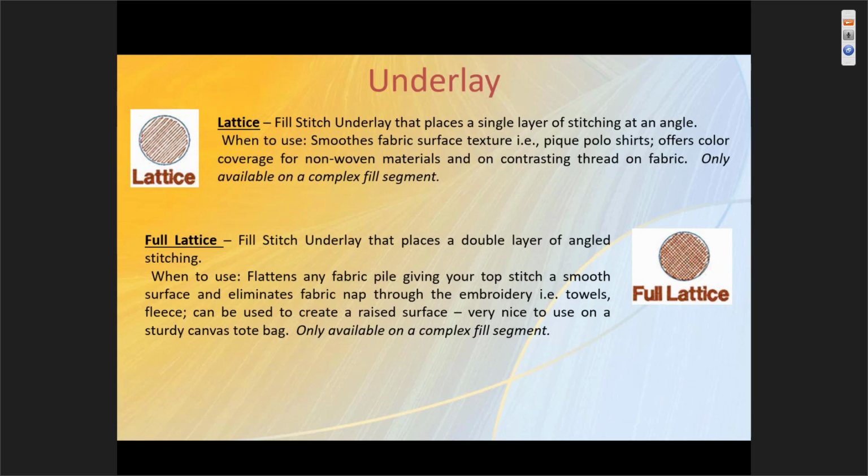So the regular lattice is 1 pass. It's to smooth out those surface textures and give you that color coverage. Then we also have a full lattice, which is a double, so it's 2 layers. And it's going to flatten all of that pile out on your towels, your polar fleece, and that kind of thing.